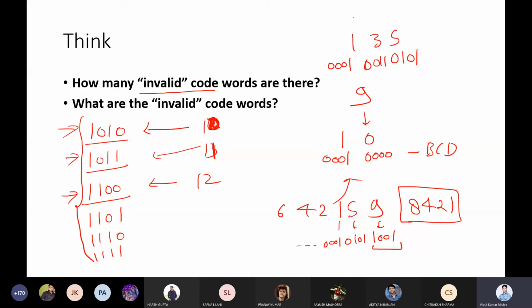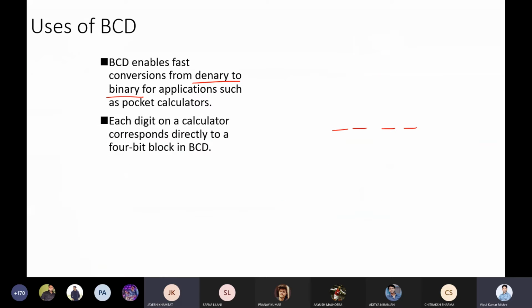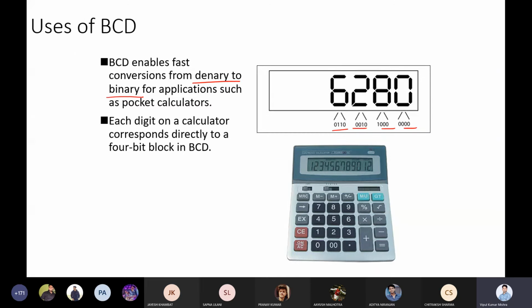This is a coding method, this is not conversion. As I said, this is faster in conversion because you are taking one number at a time. So it is much faster in the conversion and much faster in the processing. That's why we are using BCD in calculators and in many other small scale systems as well.